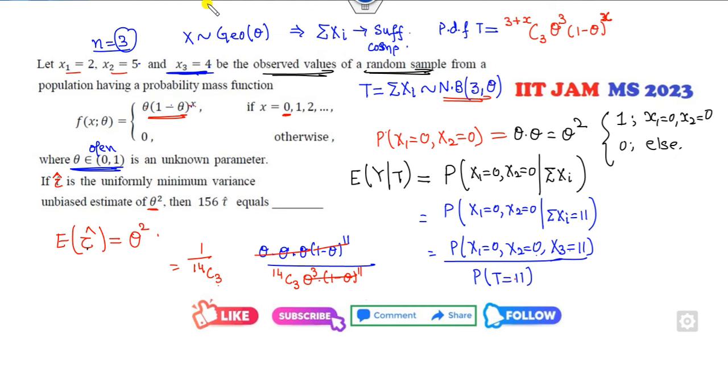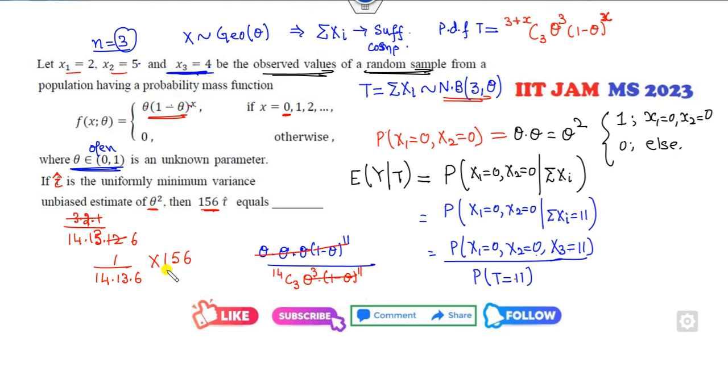So now I can solve it. What is that? I can write here 1 over 14 C 3, 14, 13, 12 over 3, 2, 1. So 3 into 2 is 6. So 1 over 14 into 13 into 6, multiplied by 156.